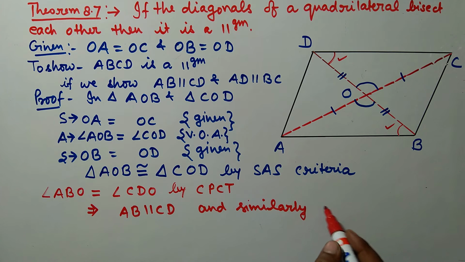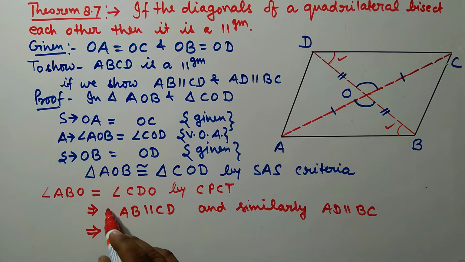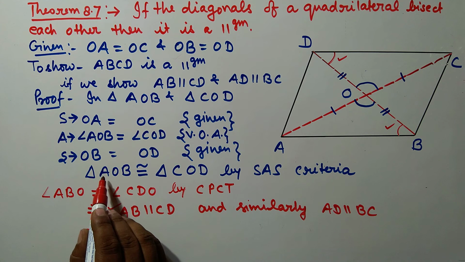And similarly we show that AD is parallel to BC. That means by definition ABCD is a quadrilateral in which opposite sides are parallel and also equal. Why equal?